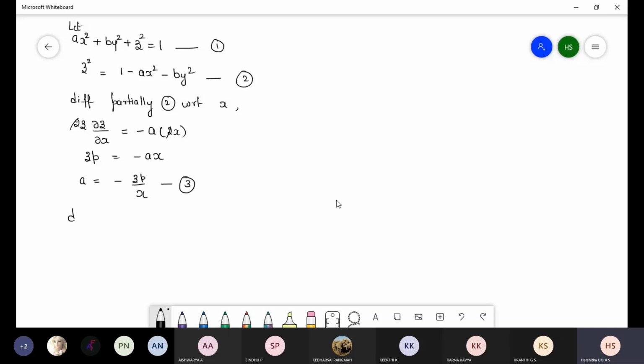Same thing, differentiate equation 2 partially with respect to y. Again, z square with respect to y means 2z. Don't forget to write dou z by dou y. That is equal to minus b as it is.